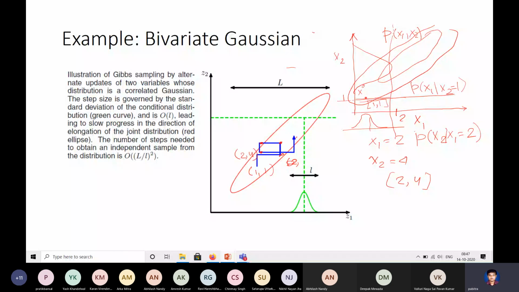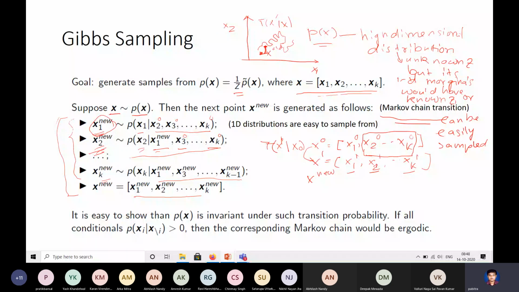Okay, so now I have to prove that these transition probabilities that I have defined in terms of the one-dimensional conditionals, using the rest of the dimensions fixed at the previous point in the state, not exactly the previous point, it's the points that are already sampled in the previous substep, give P(x) as a stationary distribution.